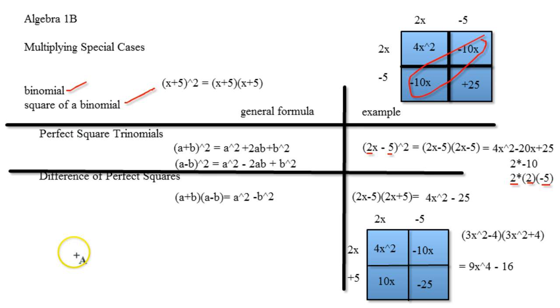And so you could actually generalize this as a formula: a plus or minus b, squared, equals a squared plus or minus 2ab plus b squared.